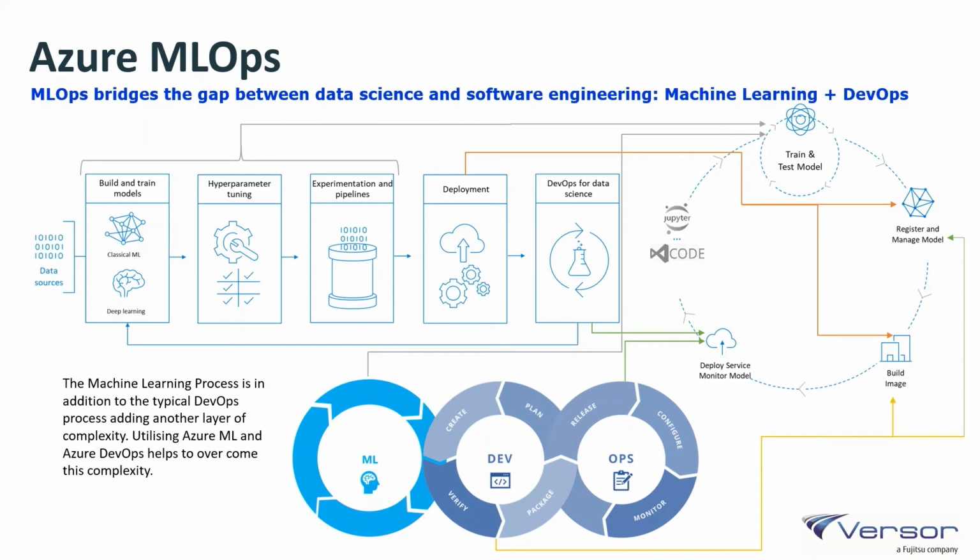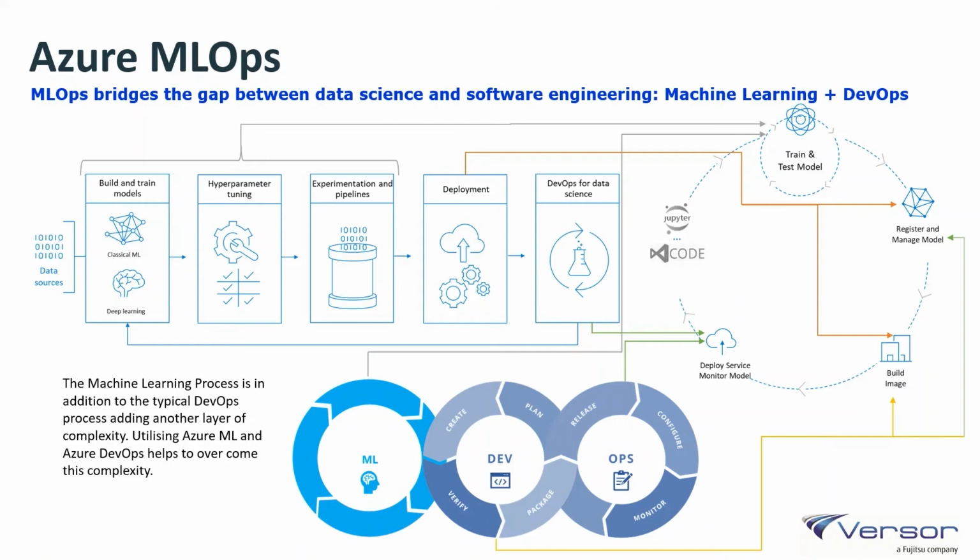If we look at machine learning and the experimentation pipelines that we talked about earlier, we then have this additional process that we add to the DevOps process, which is the machine learning process that we've been discussing through the other slides.